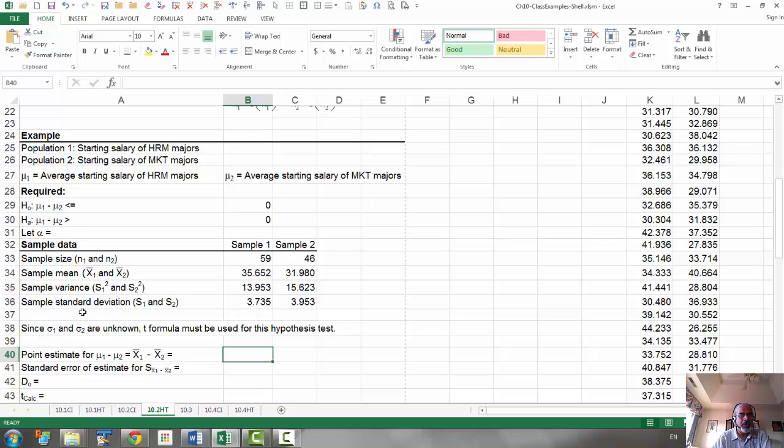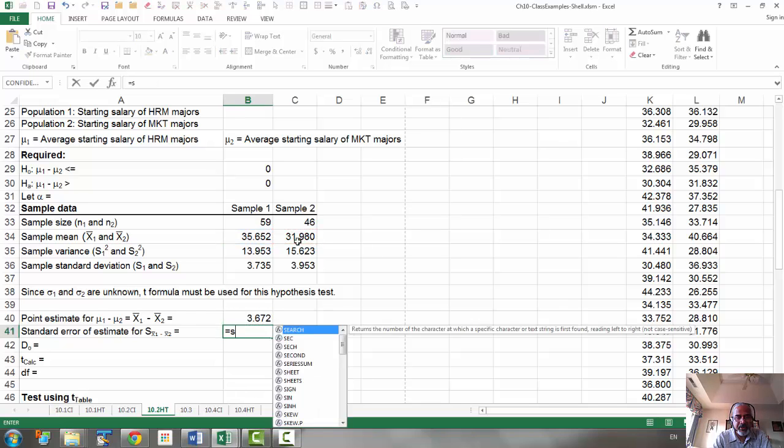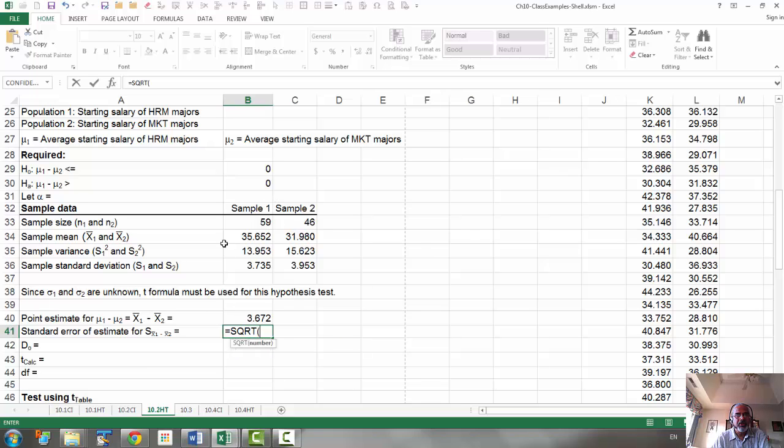Remember, sigma sub 1 and sigma sub 2 are unknown, so we have to use the T formula for the hypothesis test. Once again, we start with the difference in sample means. The standard error of estimate is the square root of, now S sub 1 squared and S sub 2 squared are available, so we can go straight to that: S sub 1 squared over n sub 1 plus S sub 2 squared over n sub 2.